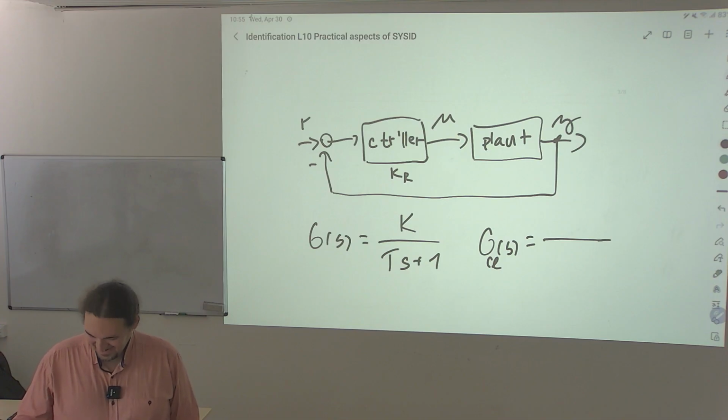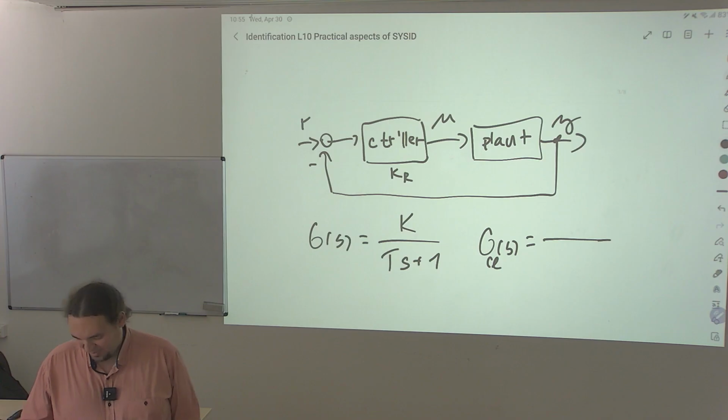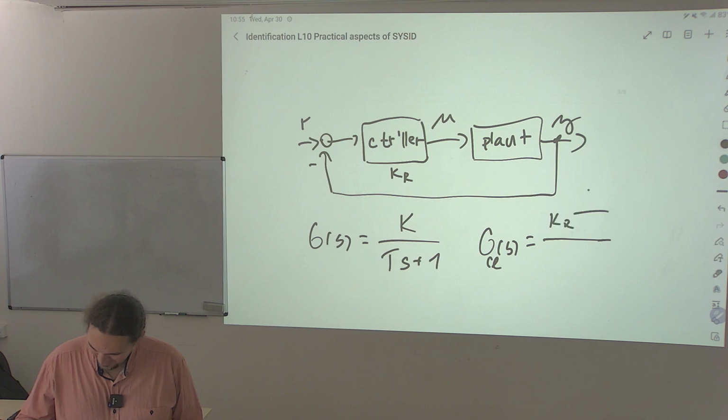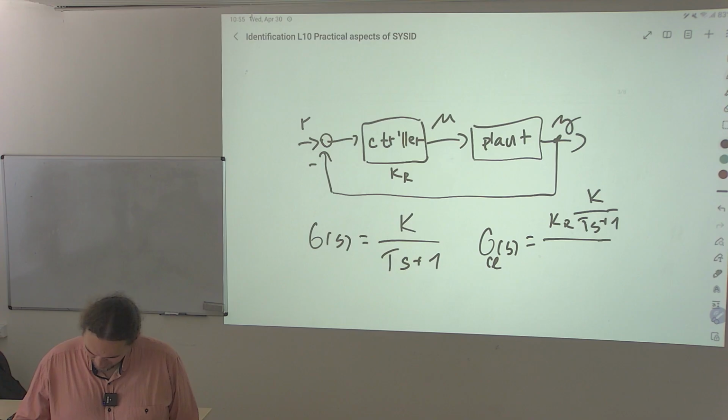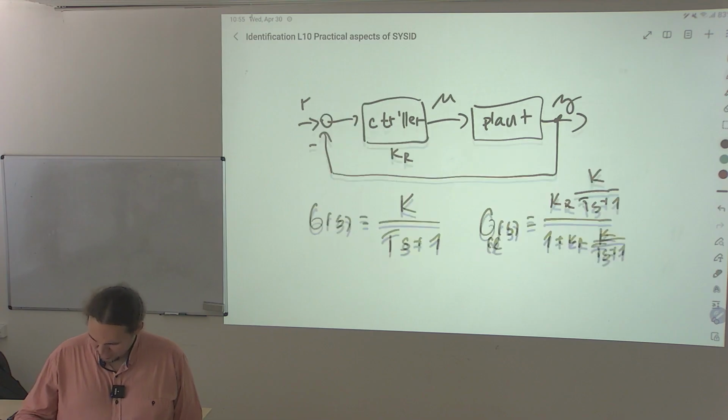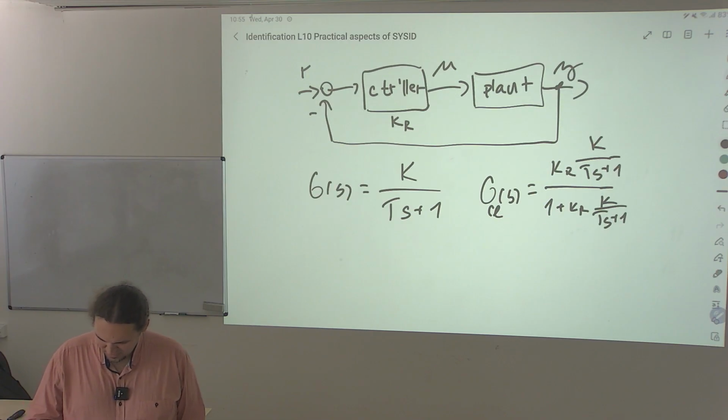Okay, so we have KR K. I was already thinking about the expanded form. So what do we have here? 1 plus K over TS plus 1, something like this.